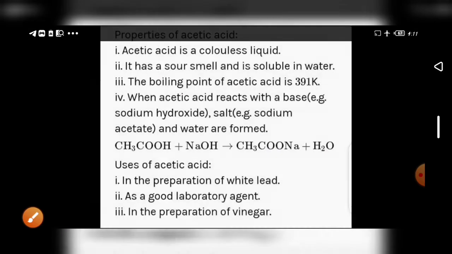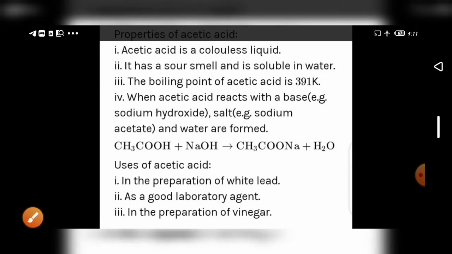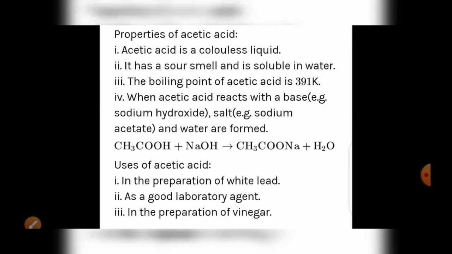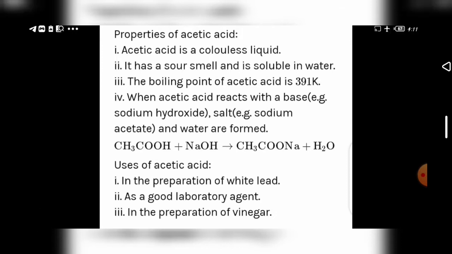Okay. Next, properties of acetic acid. Acetic acid is a colorless liquid. It has a sour taste because it is an acid, and a smell, and it is soluble in water. The boiling point of acetic acid is 391 Kelvin. How will you convert it into Celsius?